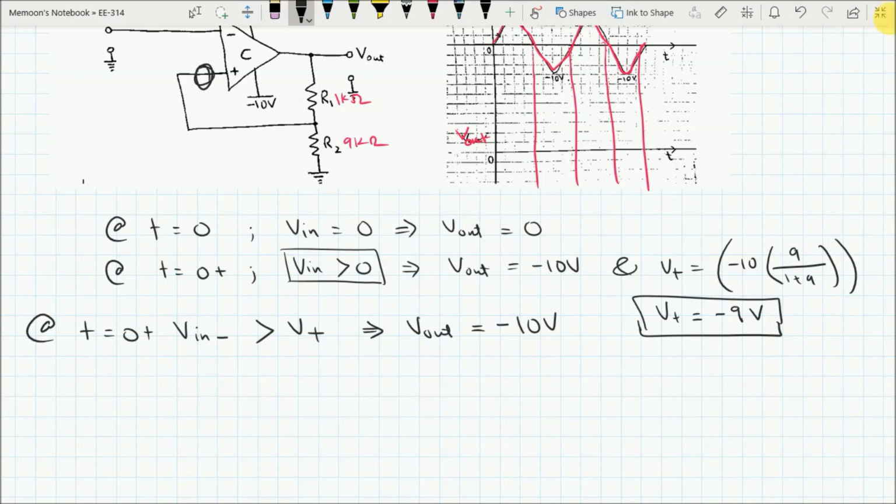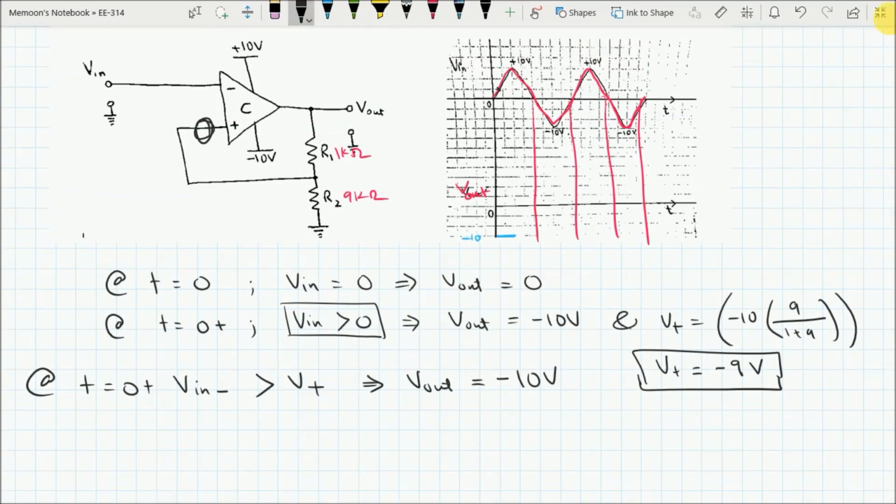So we can write here with a blue pen that this is negative 10. Now, as long as this V in remains in positive region, it will be greater than your V plus because your V out will be continuously at negative 10 volts and your V plus will be continuously at negative 9 volts. So for this whole region, your V out will remain equal to negative 10.